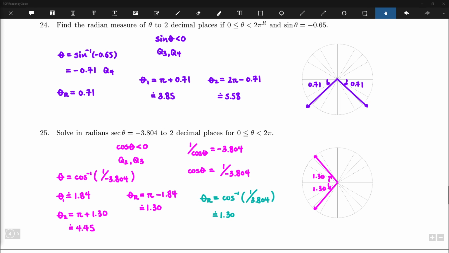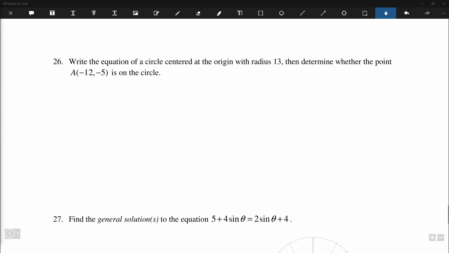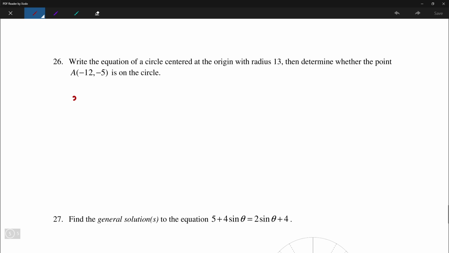Okay, so just 3 more questions here. First one, write an equation of the circle centered at the origin with radius 13. So that would just be x squared plus y squared equals the radius of 13 squared. So that's fairly straightforward.